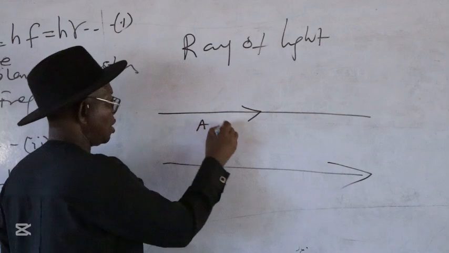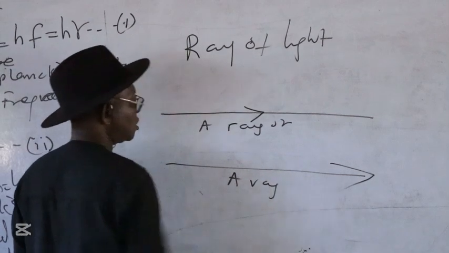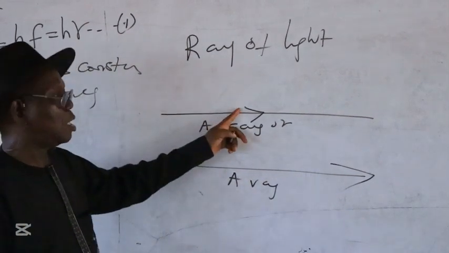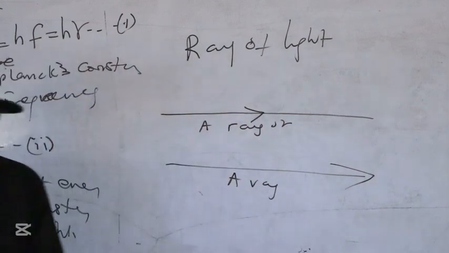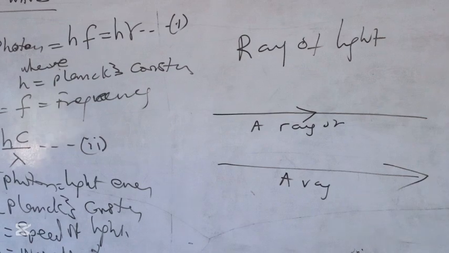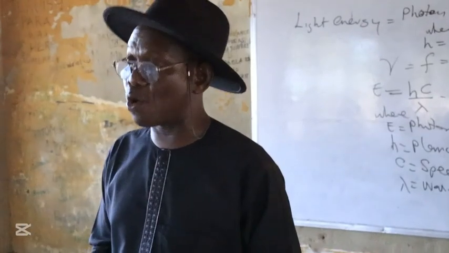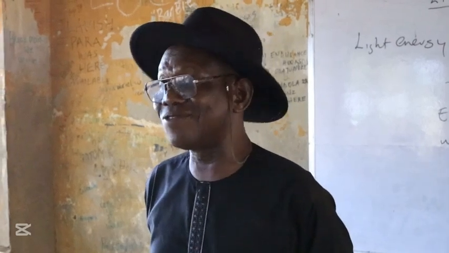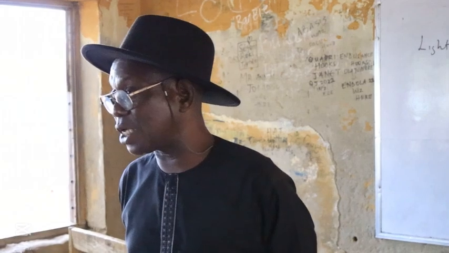This is a ray of light, written or represented by this or this. Now, it is a crime, punishable under the law of physics, that if you show a ray of light without an arrow, you will lose marks. Anytime you have cause to indicate a ray of light, you will have to show the magnitude and direction of the ray. Am I communicating? Yes.